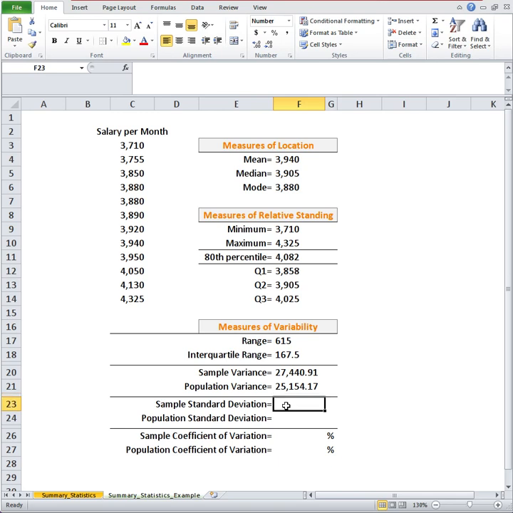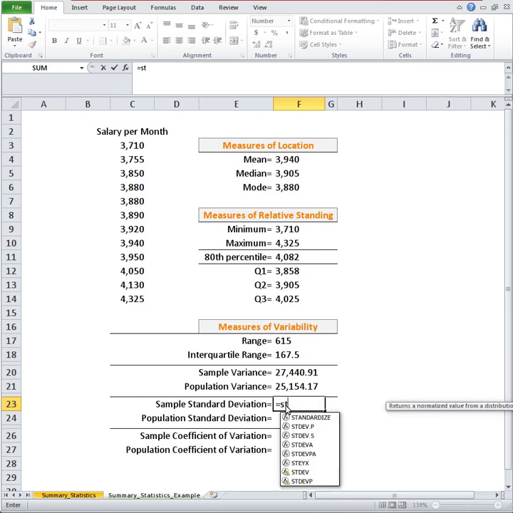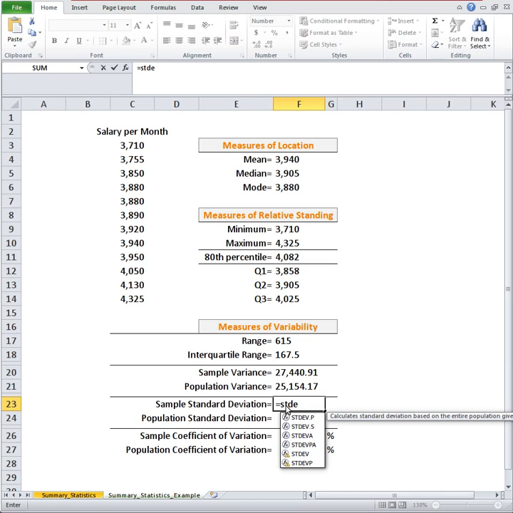Okay, now we're going to get the sample standard deviation. So we know that the sample standard deviation is just the square root of the sample variance. We can get it with STDEV, which stands for standard deviation. Then we hit dot and then S if we want to get the standard deviation for the sample.